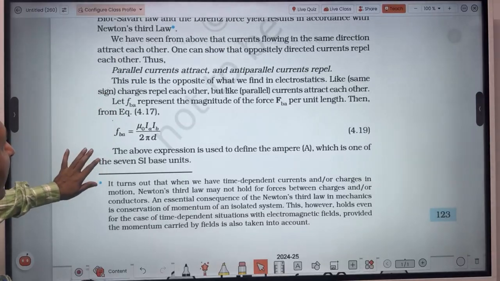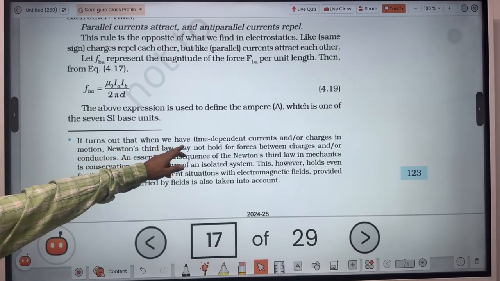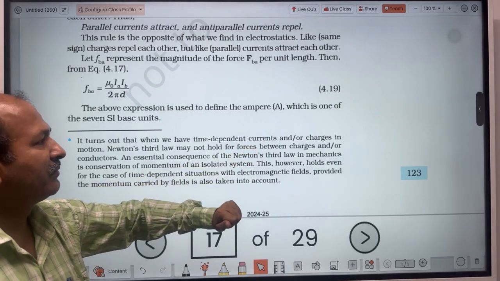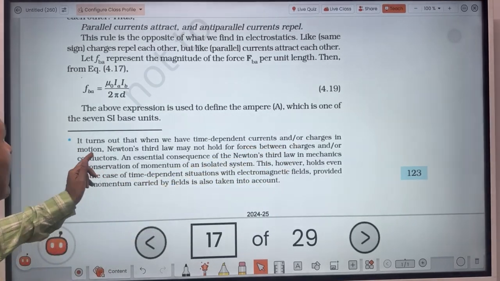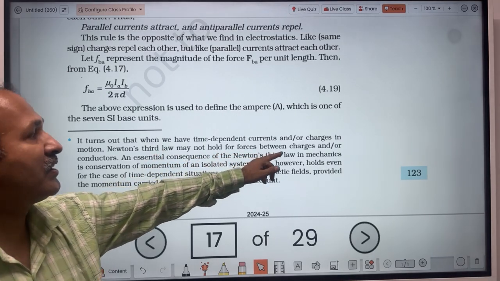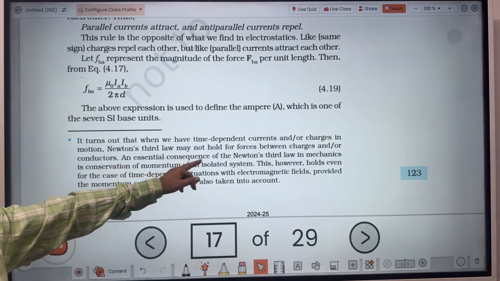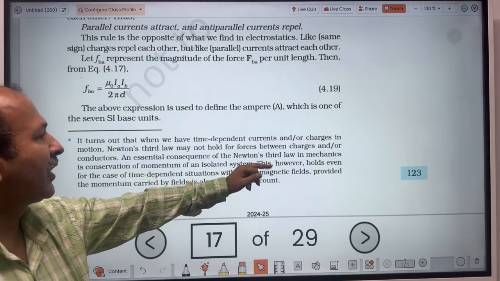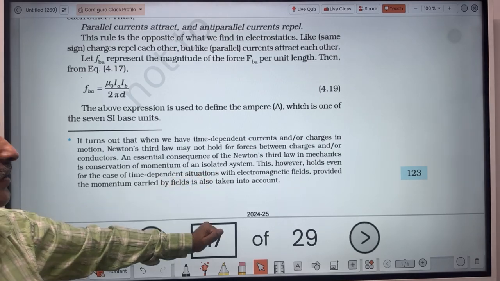So here there is one important note. It turns out that when we have time dependent currents and or charges in motion, Newton's third law may not hold for forces between charges and or conductors, right? An essential consequence of Newton's third law in mechanics is conservation of momentum of an isolated system.